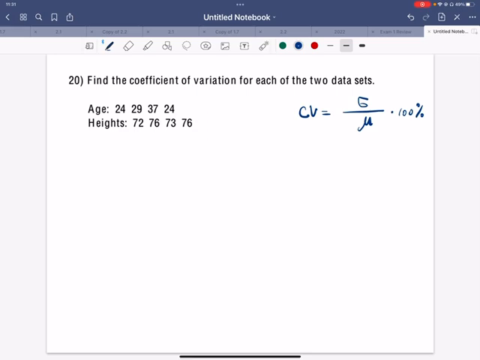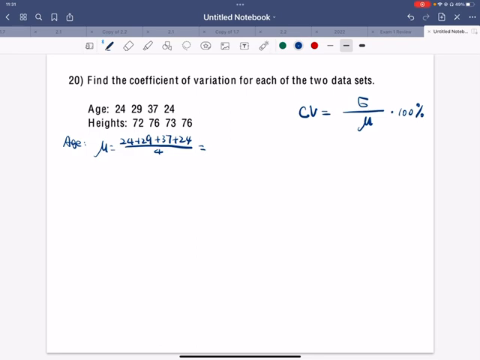Yeah, let me just quickly solve those two questions. All right, for age, let's find mean first. Mu is 24 plus 29 plus 37 plus 24 divided by 4.